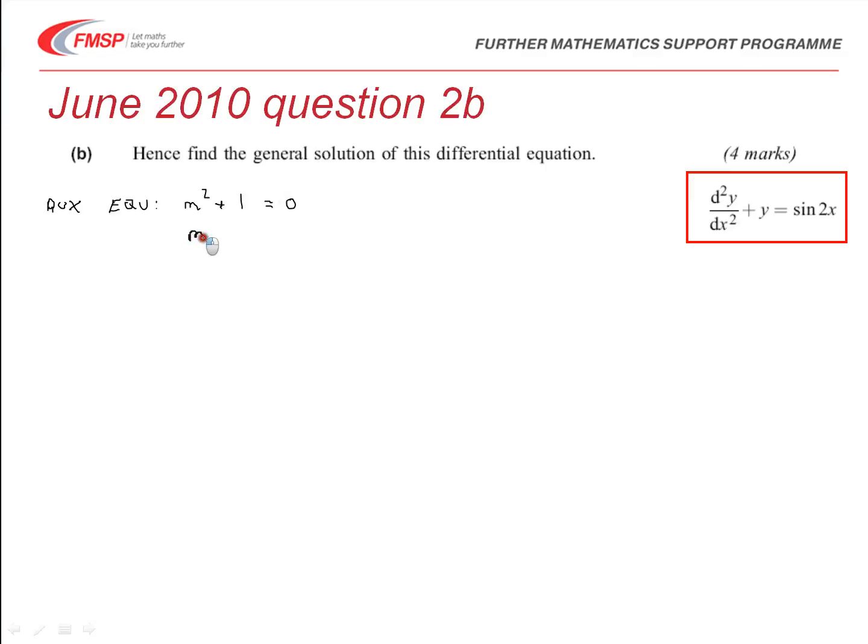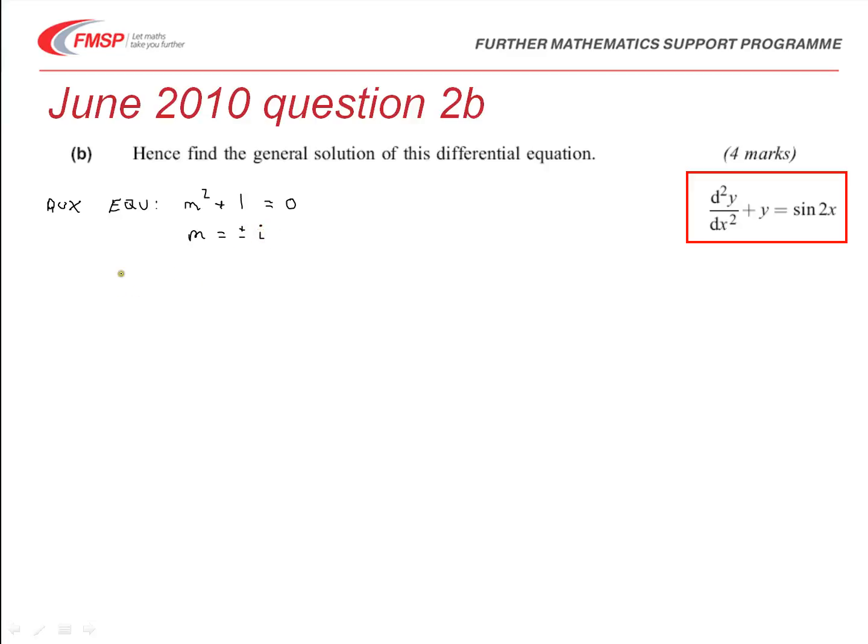Which therefore implies when we solve that m is equal to plus or minus the square root of minus 1, which we know is plus or minus i. So we have a complex solution.